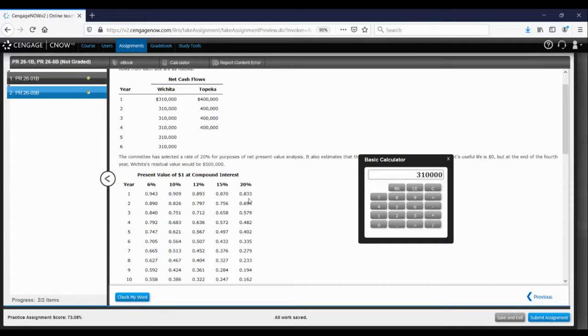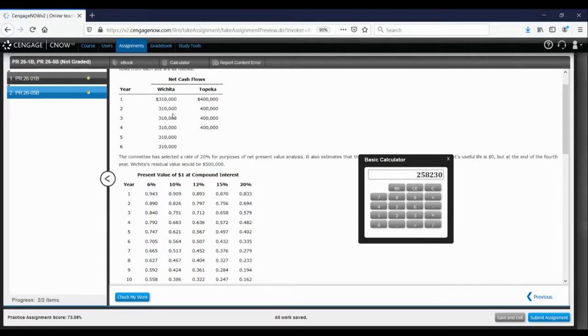It's year 1, so we're going to multiply 310,000 times 0.833, and that will give me the present value of 310,000 at year 1.